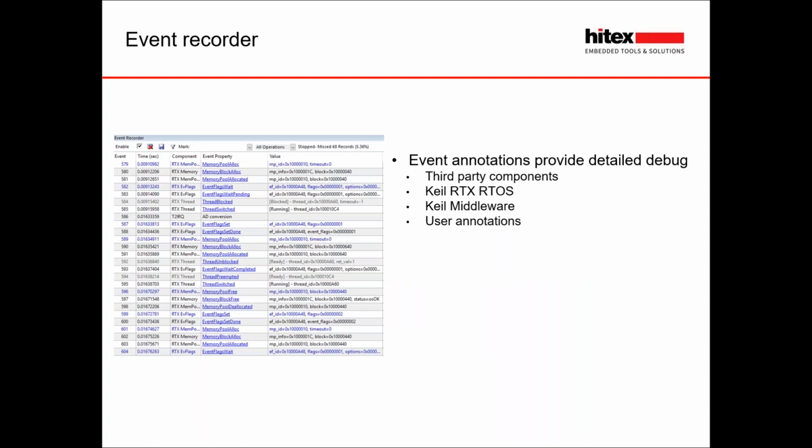Now we get this runtime trace, so we can see the component that's sent us the information, some information about the event, and we can also send current values of data as well. We also get timing information here. The more of these event recorder annotations you add, again, a deeper and deeper runtime view you get of your code.